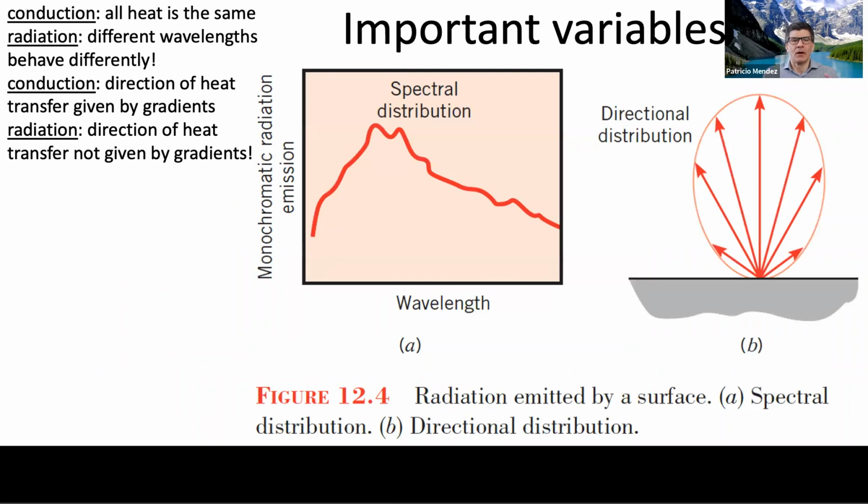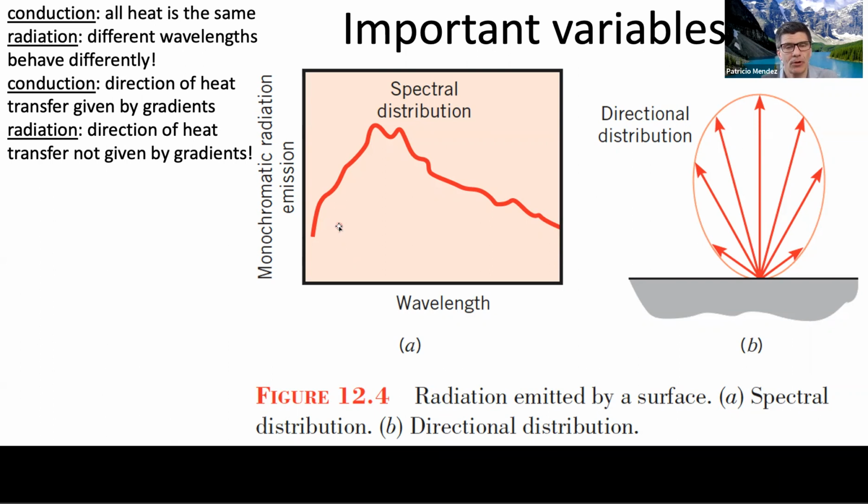So what variables are we going to be looking at now that we said in radiation, not all heat is the same? Some heat has a wavelength, some heat has some other wavelength, and it's quite not the same. So the two key variables we're gonna be looking at are wavelength, and here we have an example for a random surface.